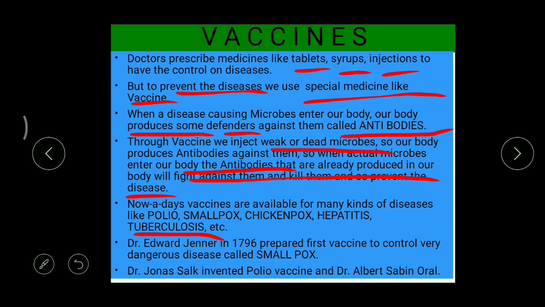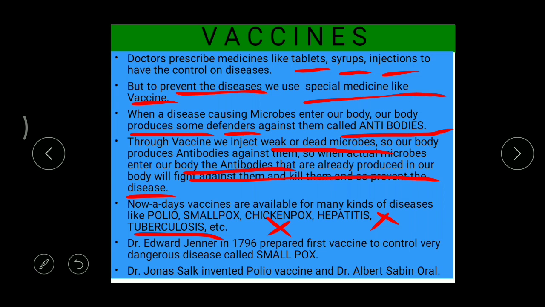When we prepare the tuberculosis vaccine, the antibodies which are produced against tuberculosis can control only tuberculosis bacteria, but they cannot control hepatitis or chickenpox like this. Alright? So this is very, very important. The antibodies produced against one disease can kill and control only that particular microorganism, but not any other one. Got it, children? Okay.